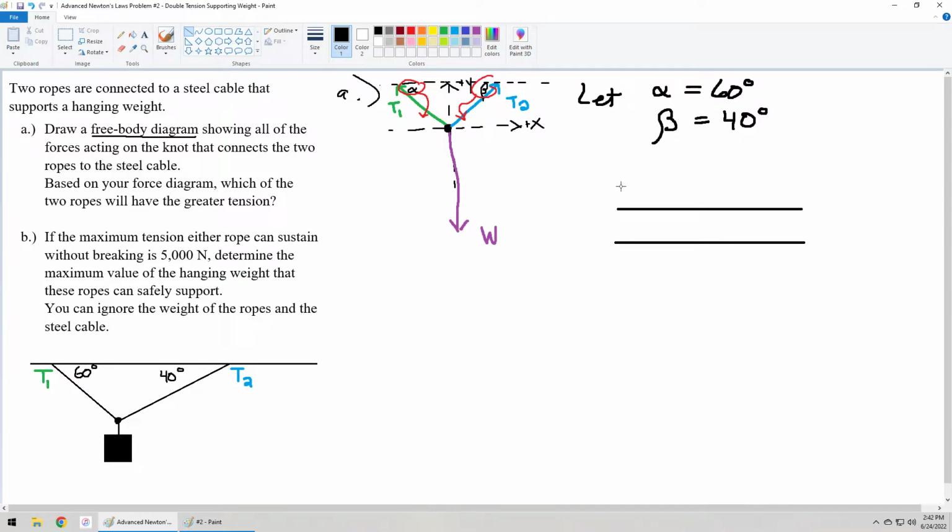I talked about a property in geometry that lets us move angles around. Let me use T1 as an example.